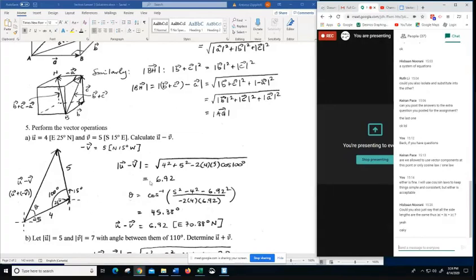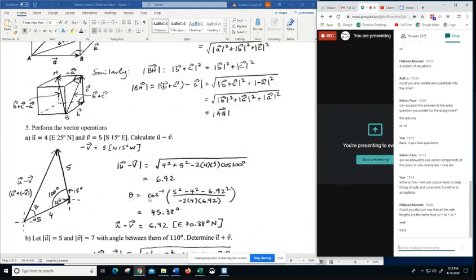So I start off by using cosine law to determine the magnitude of the vector. Now, what's nice about this version of subtraction is that I already have my resultant vector at a cardinal plane. So if I just determine what theta is, I can just add that to 25 to describe the direction.